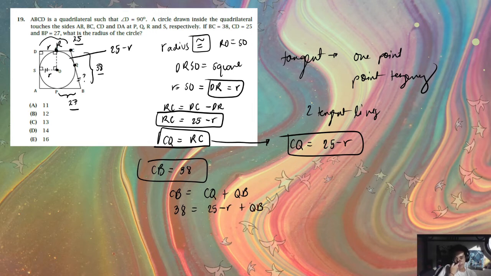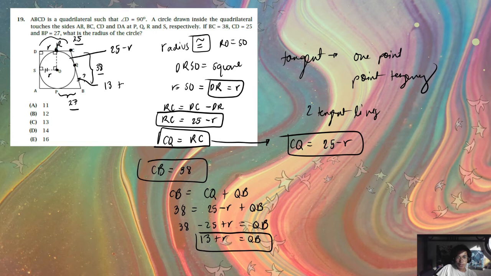Let's simplify this. So 38 minus 25 plus R is equal to QB. What's 38 minus 25? That should give us 13. So 13 plus R is equal to QB.